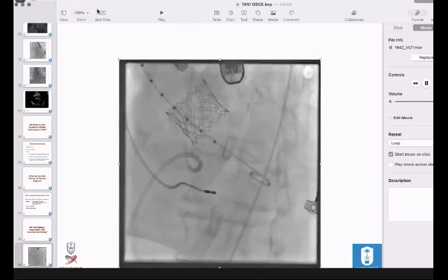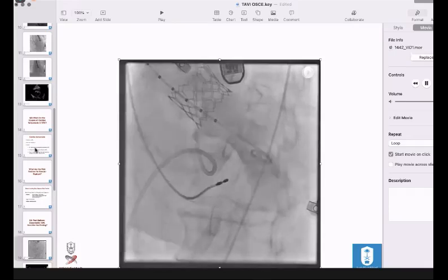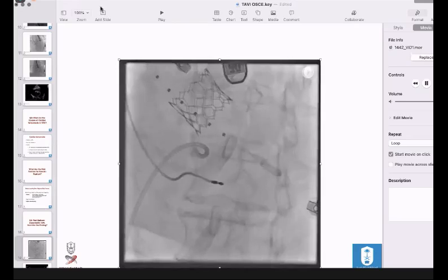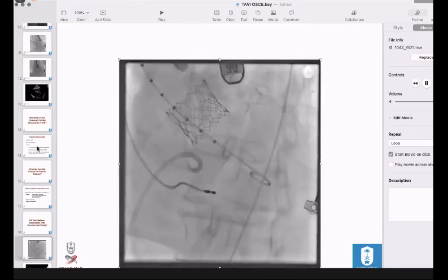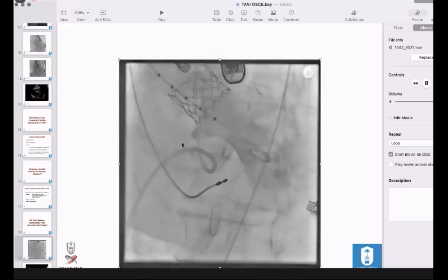I want you to think about it. Any volunteer? What do they see? What is this?